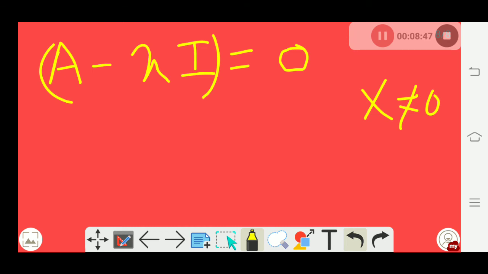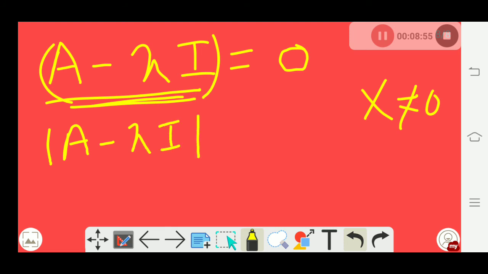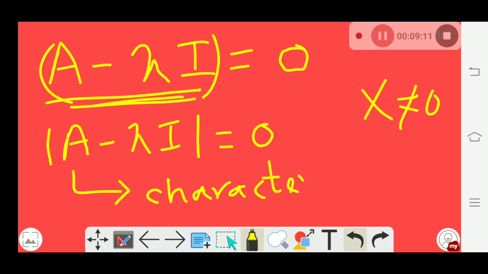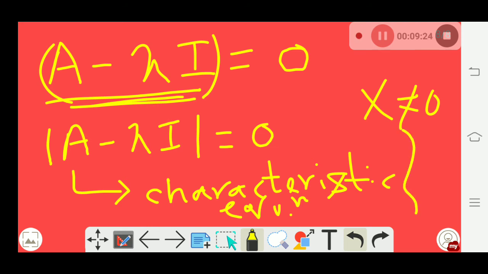If we take the determinant of this, mod of A minus lambda I is equal to 0, this equation is known as the characteristic equation.